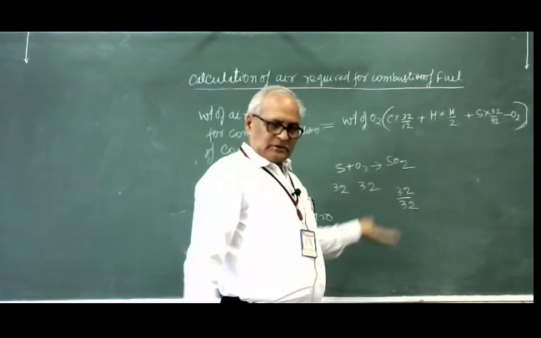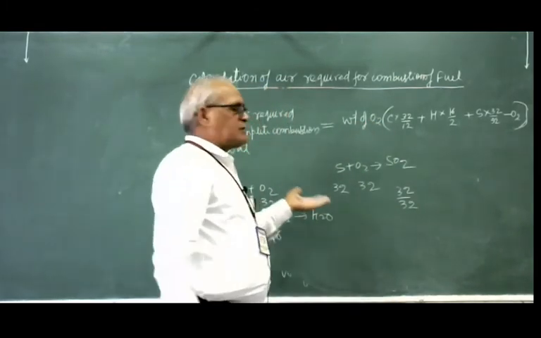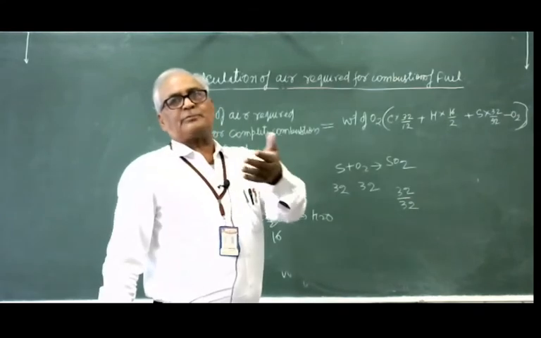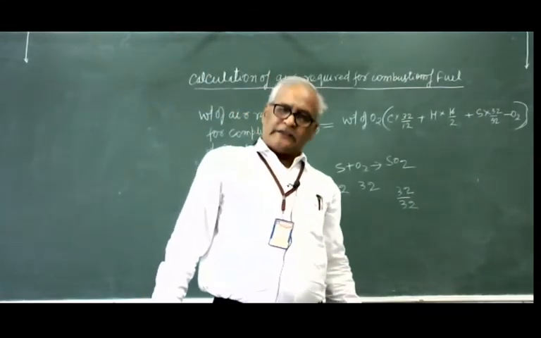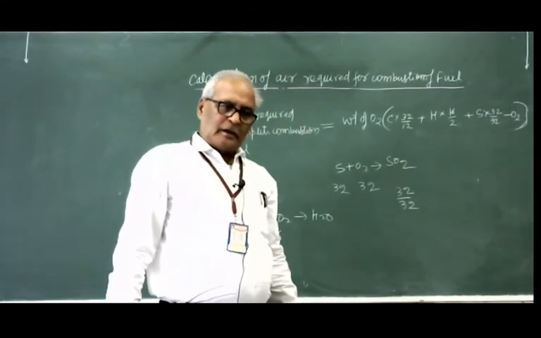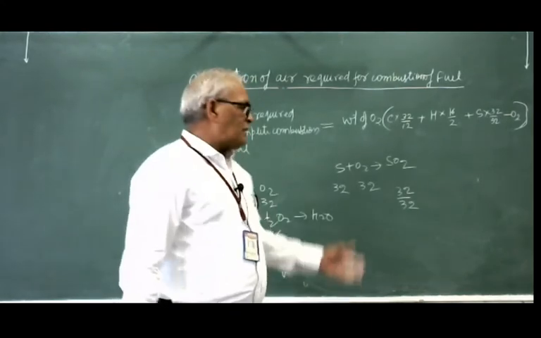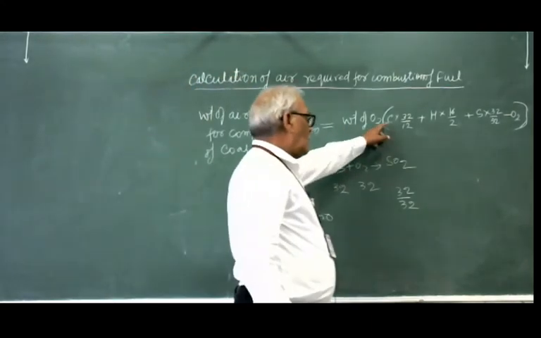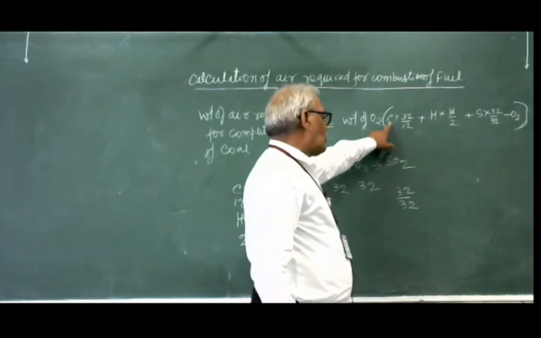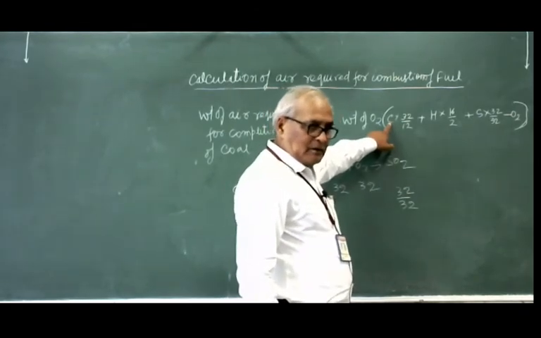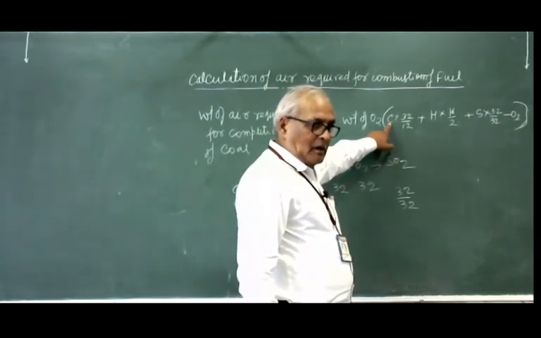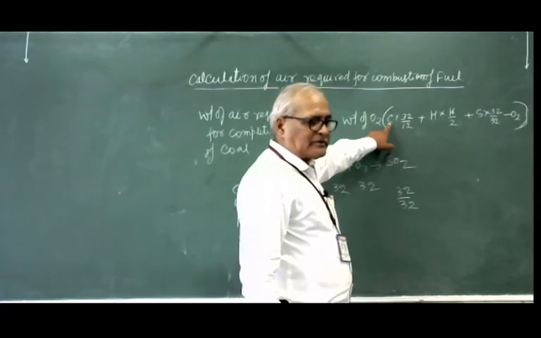Suppose, just the previous numerical, 75% of the carbon is present in 1 kg. So 1 kg means put here 1 into 75%.